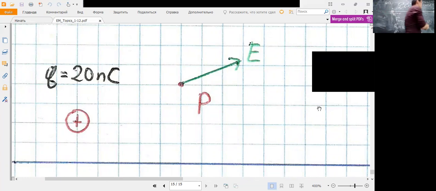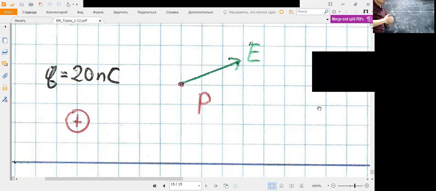We have the charge, which is 20 microcoulomb here, and you should find the electric field on point P. First of all, you should find the distance from charge to P. Okay, so 1, 2, 3, 4, 5, 6. Here 1, 2, 6, 2, and here 36 plus 4 is 40, square root of 40.